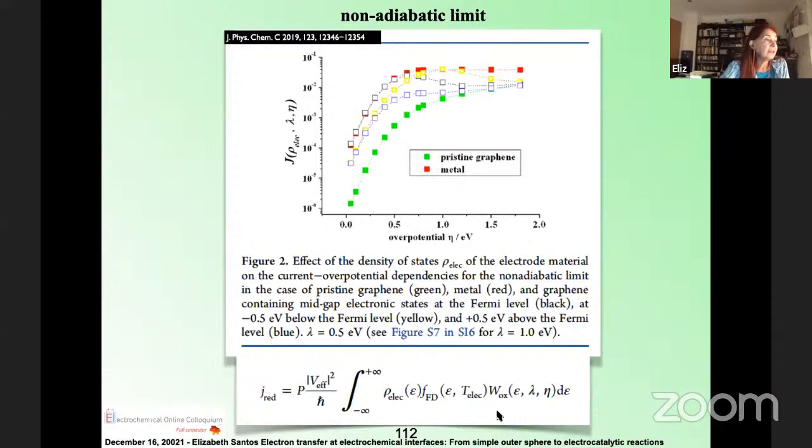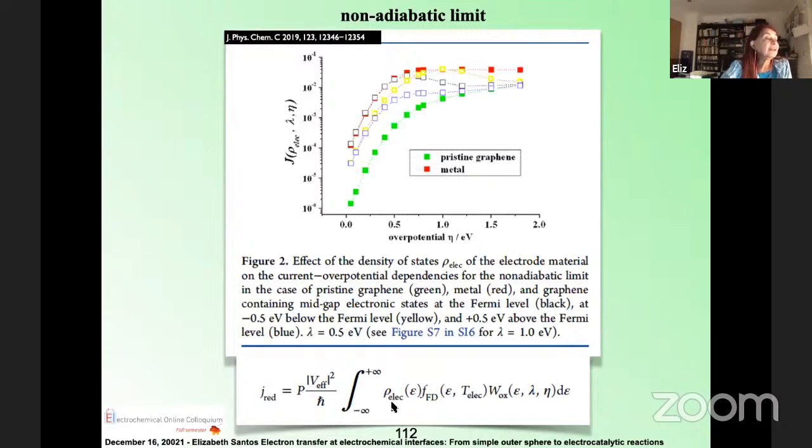These are the expressions for the current, and here appears the density of states, in this case corresponding to graphene. If we have a metal, we can consider instead a semi-elliptical band or the wide band approximation.